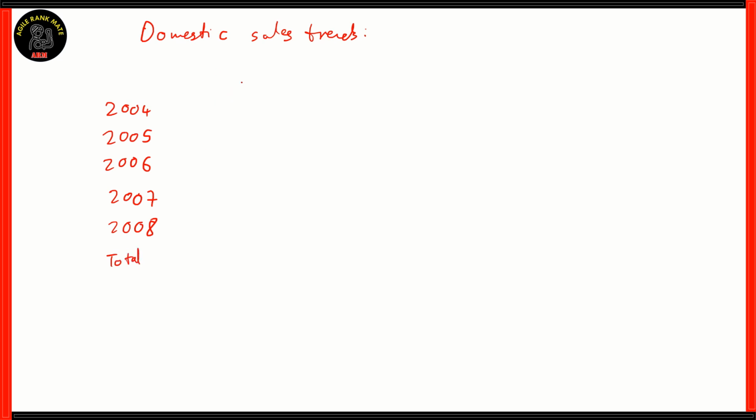And on the rows we will have passenger, commercial, three-wheelers, and total.